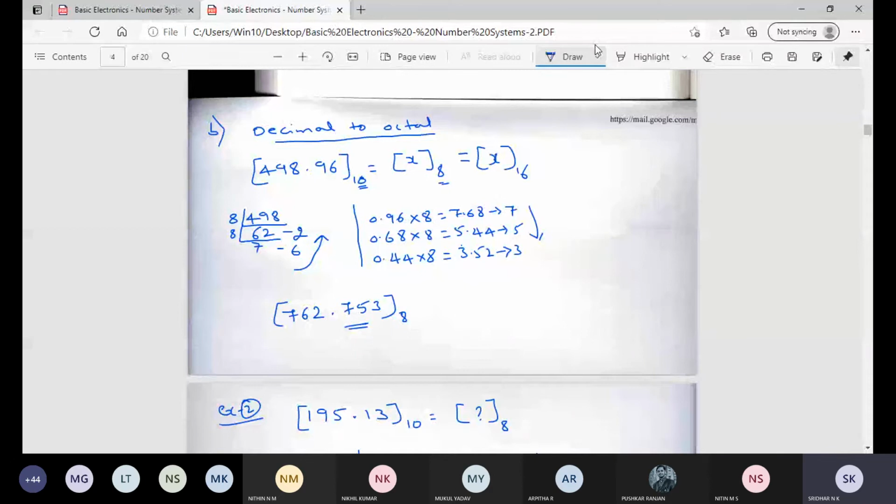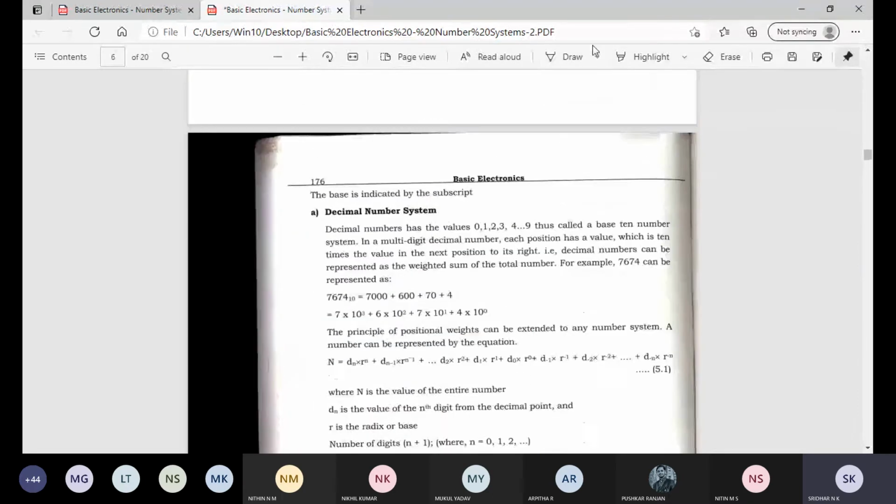So they'll ask like this in exams, and we should be ready for this type of problem. We'll solve more of these further.